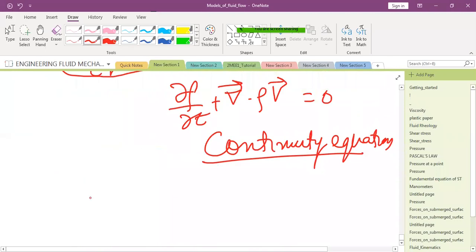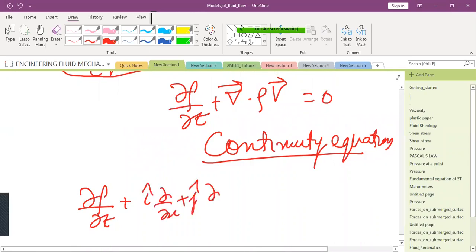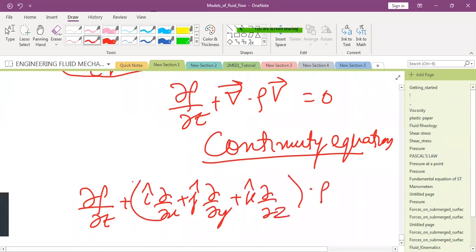And you can write this in a more simple form: curly rho by curly t plus i curly by curly x plus j curly by curly y plus k curly by curly z, dotted with rho u i plus rho v j plus rho w k.